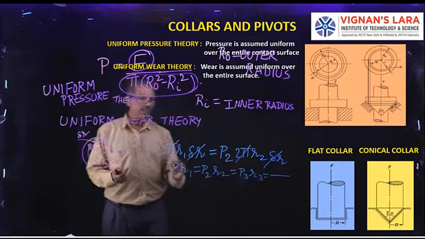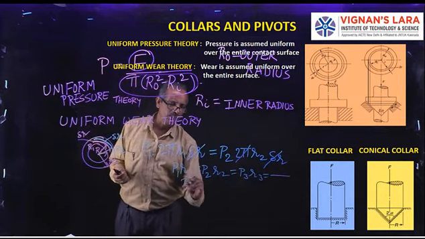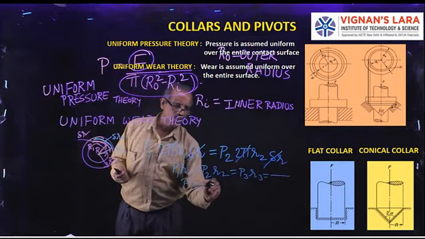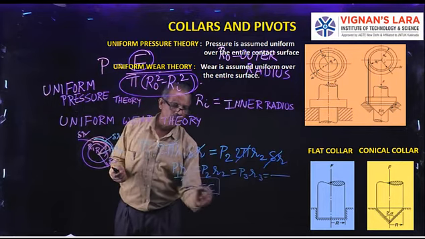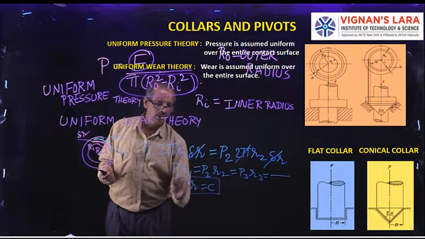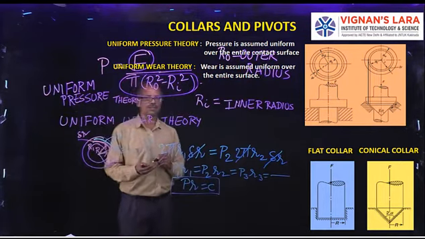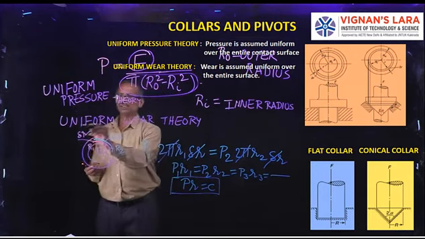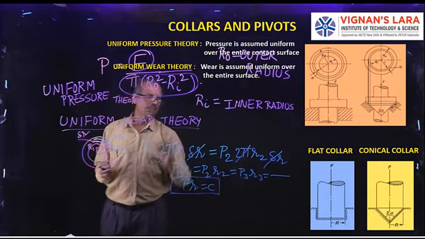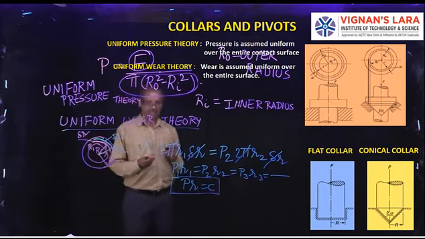So you can simply write PR is constant. That is, the product of pressure and radius at that location is constant, which the uniform wear theory defines.